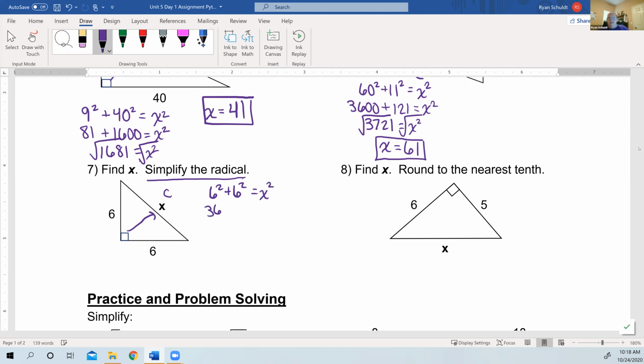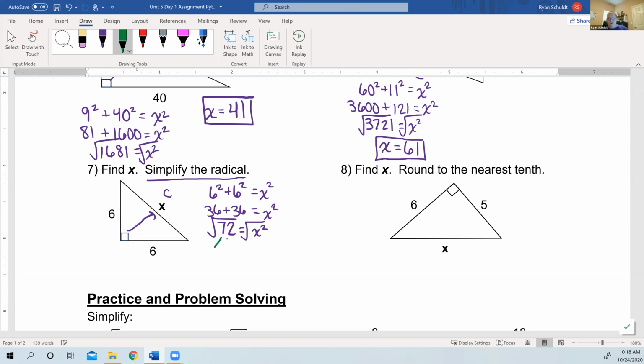It's going to be 36 plus 36 equals x squared, which is 72 equals x squared. Now I'm going to take the square root, and I have to simplify the radical. Don't give me a decimal. It will be counted off.